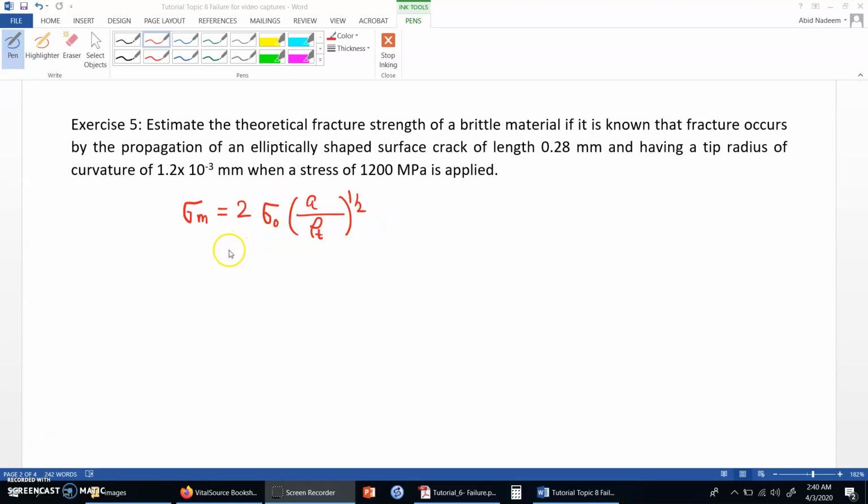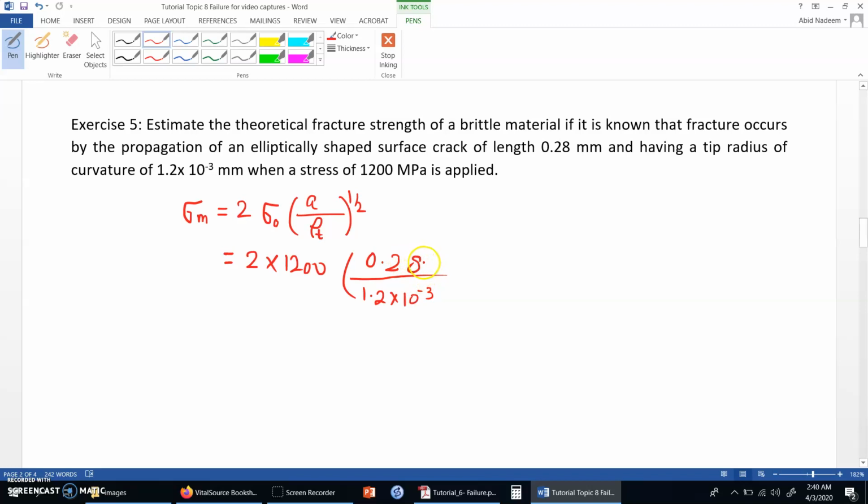So now we know that this applied stress is equal to 1200 megapascal, and a is the length of the surface crack, so it is 0.28 millimeter, divided by the radius of curvature, which is 1.2 × 10^-3 millimeter.